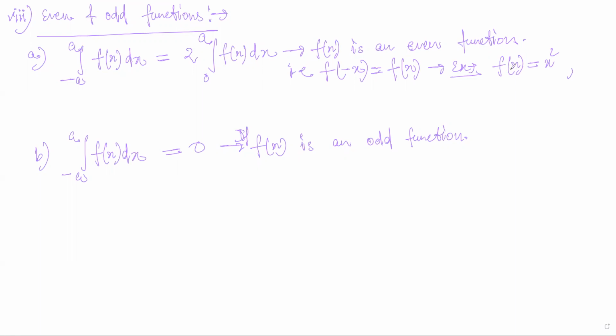If you change here x with minus x, what does the function become? f of minus x is equal to minus of x whole square. Minus of x whole square is again x square. So your function is same as before. As you change x with minus x, the function does not change.